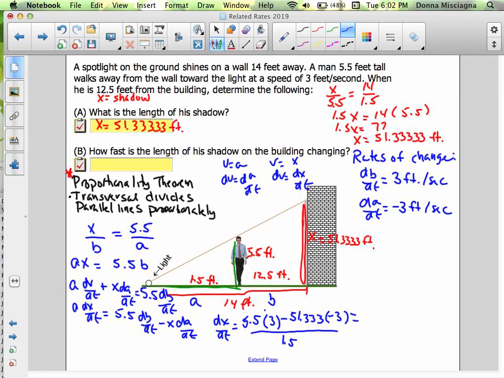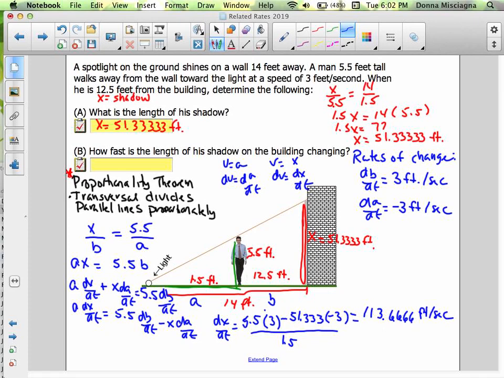And all of that divided by 1.5 gives us 113.6666 feet per second. Man, that's changing fast. Yep. Well, it's already really big. So it's already 51 feet in the air.